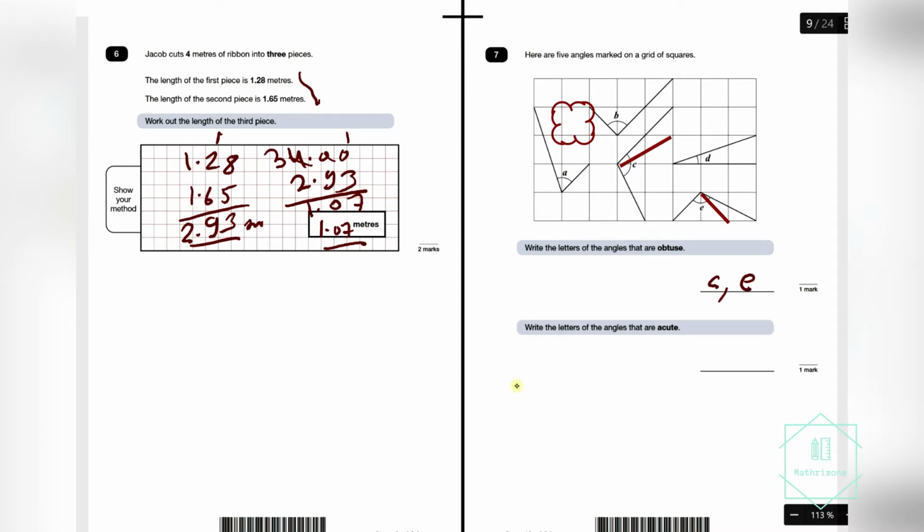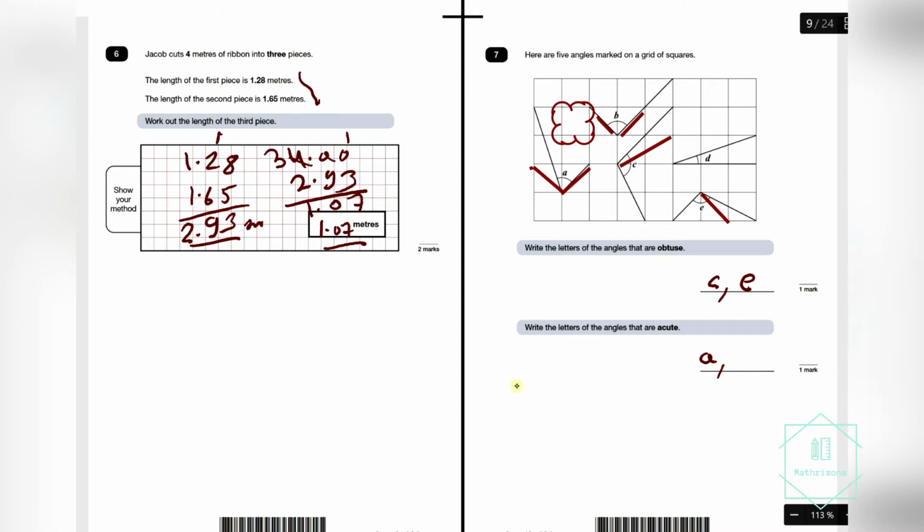Coming to acute. The next one, A, is covering one line here, so one square. According to this it should be our 90-degree angle, but here it's less than 90, which means A is our acute angle. Coming to B, B is covering one square here, and here it's also covering one square.